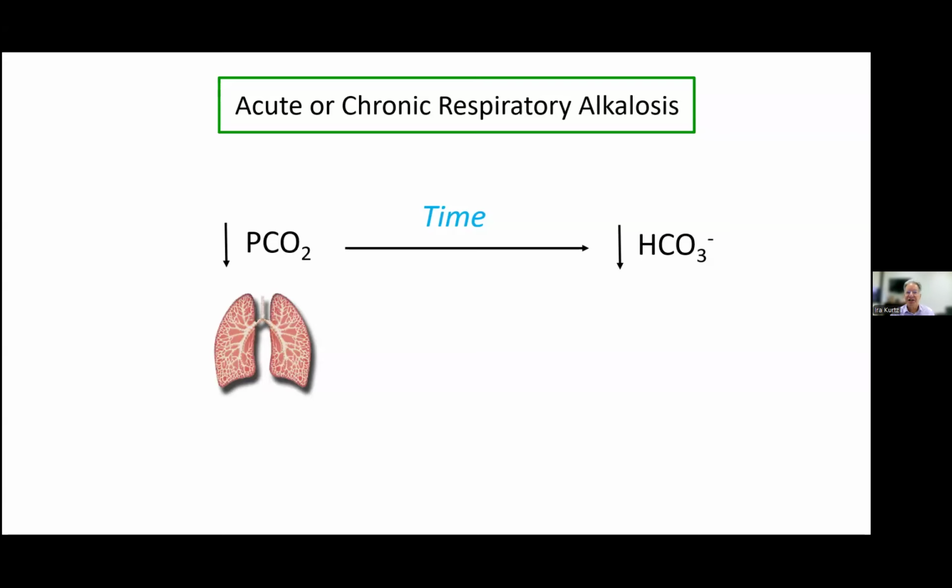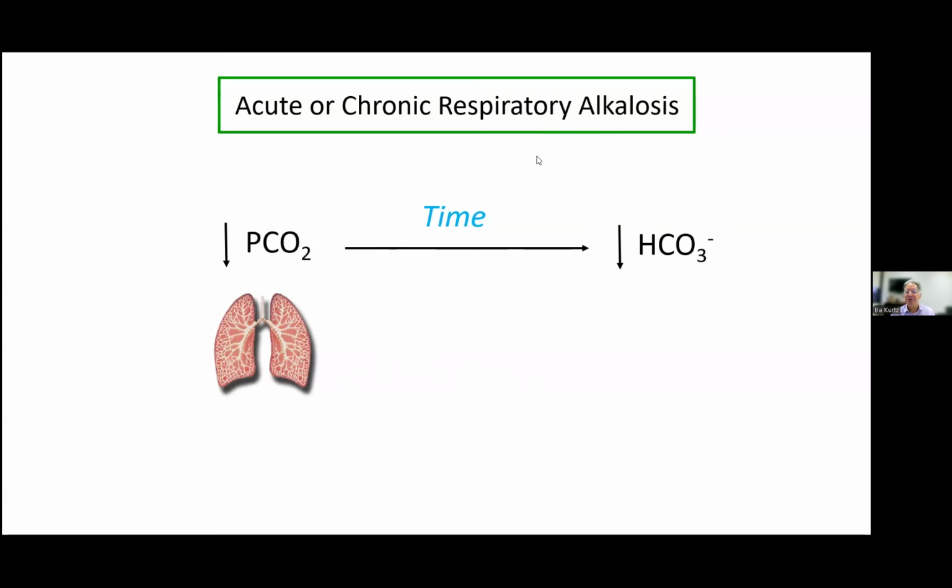You always have to divide it up as to whether it's acute or chronic. And the reason the bicarbonate falls there is not because that was the initiating event. What happens in respiratory alkalosis is you drop the PCO2 as the initiating event, and the bicarbonate drops.